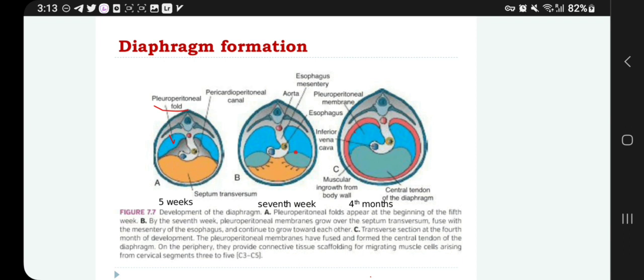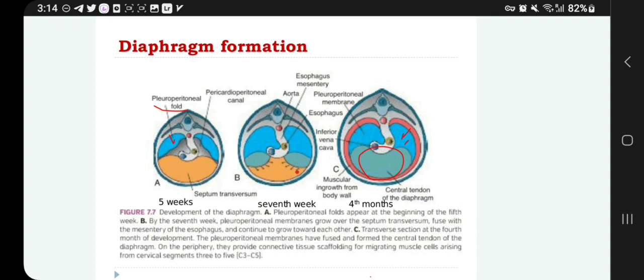But finally, the pleuroperitoneal fold covers this area, and as I told you, the myoblasts from the lateral wall of the thorax immigrate to this membrane and make the muscular part of the diaphragm, and the central tendon in this area is made just by the pleuroperitoneal fold, not the septum transversum, because this fold covered the septum transversum, and the septum transversum is like a scaffold, like a base for the immigration and for the covering.